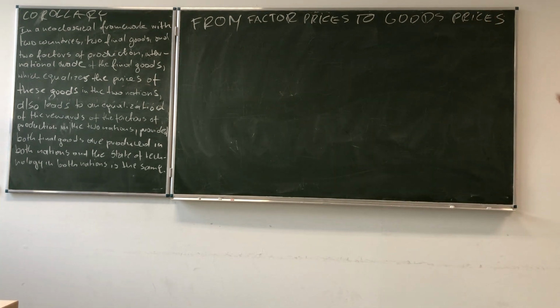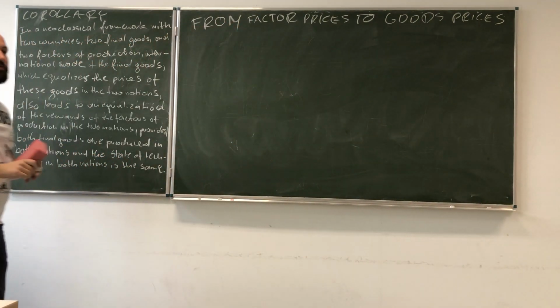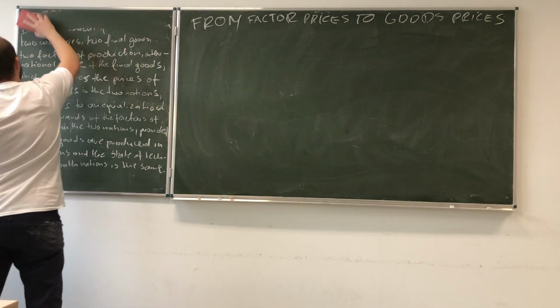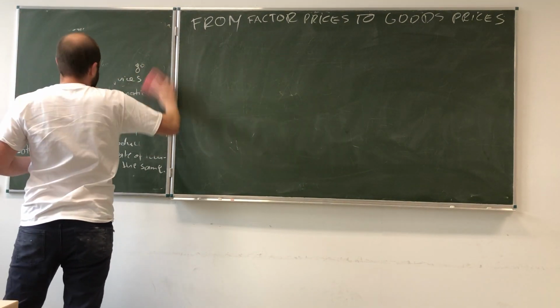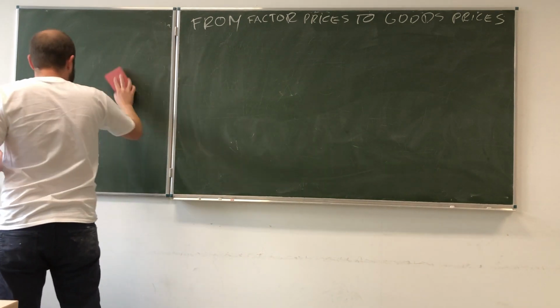And we can do it in the opposite direction. So if we have prices of goods, we can determine prices of the factors of production. We will take two approaches. We will start with this one because it's easier.